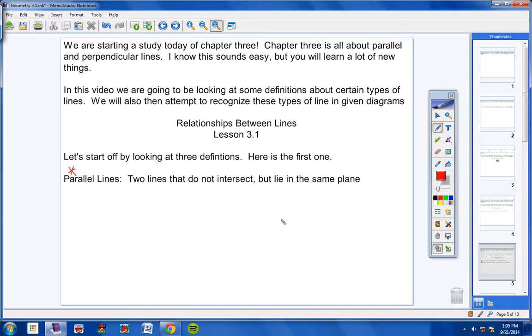Now, students, I want to show you what that means, okay? It's very important in geometry you understand that parallel lines have to lie in the same plane. Later on, I'm going to give you an example of two lines that do not intersect, but they also don't lie in the same plane. Thus, they're not parallel lines. Now, that might not have made a lot of sense, but I will come back to that later, okay? Right now, just listen to my example, okay?